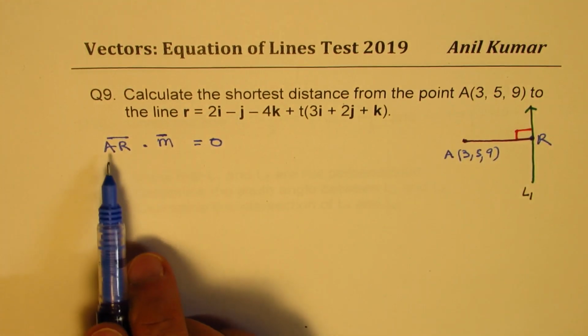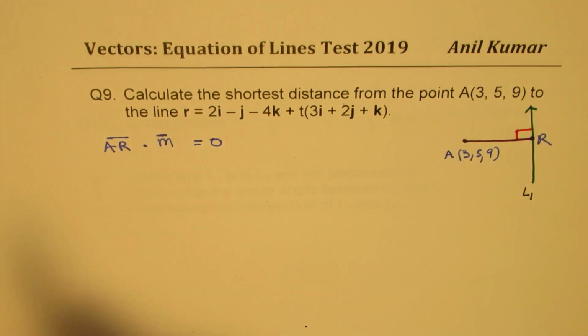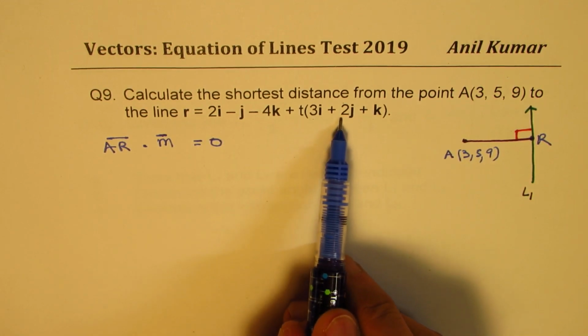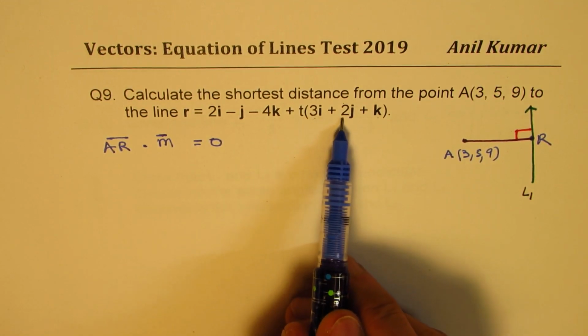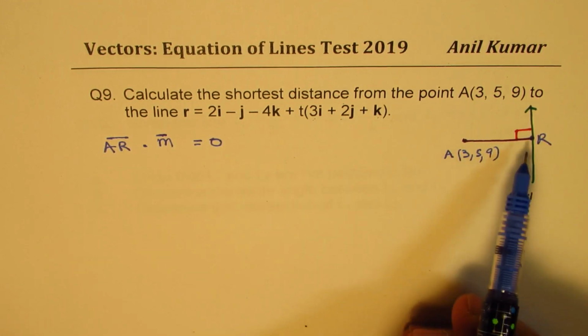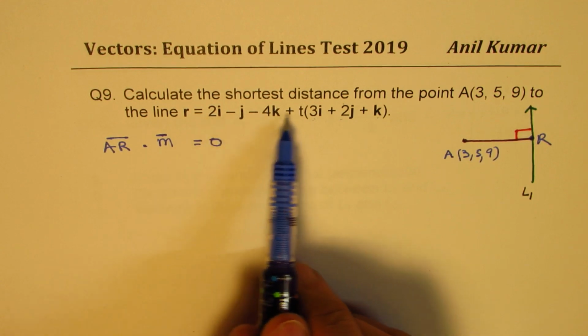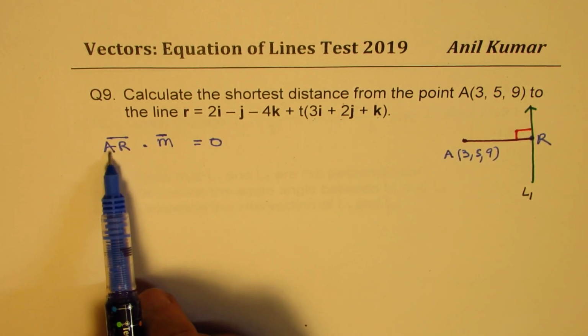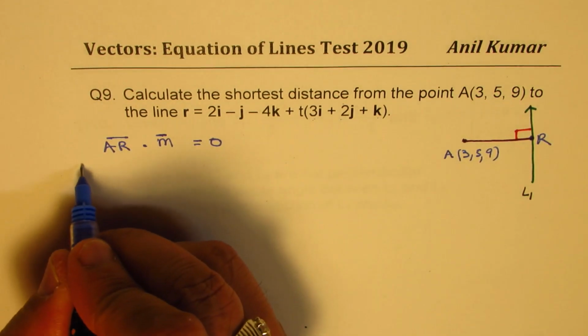Perfect. Now what is AR and what is M? M, that is the direction of the line, can be seen from here, right? So that is M. And any point R on this particular line, so this is the point on R.